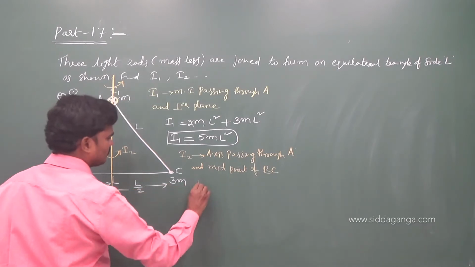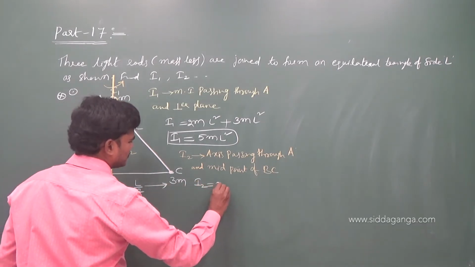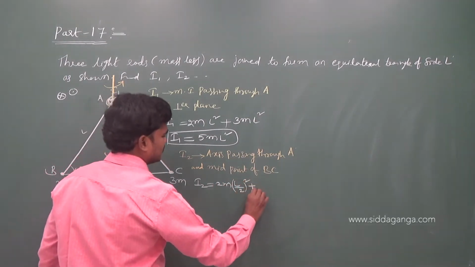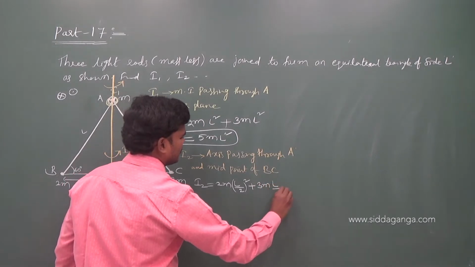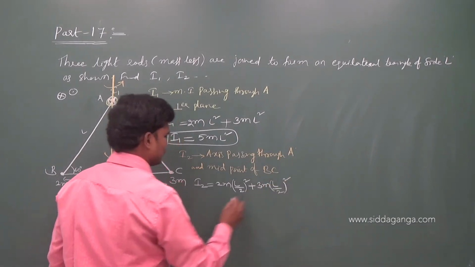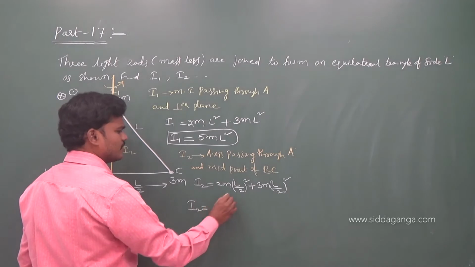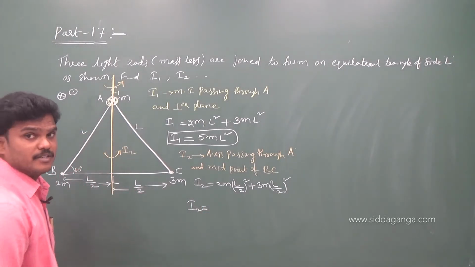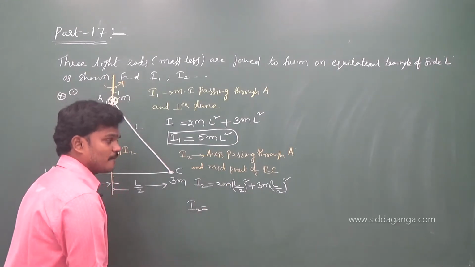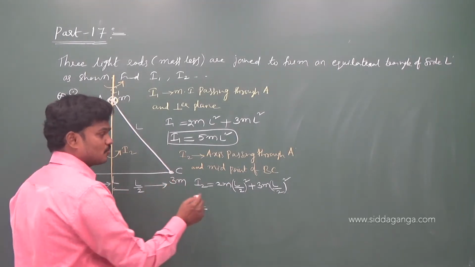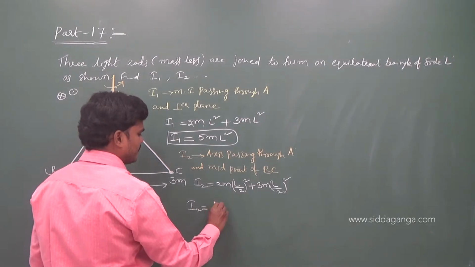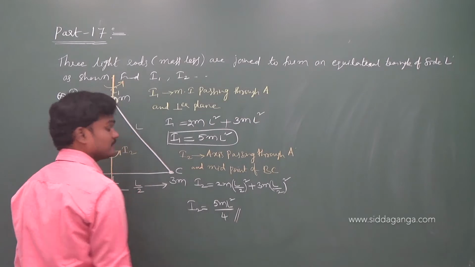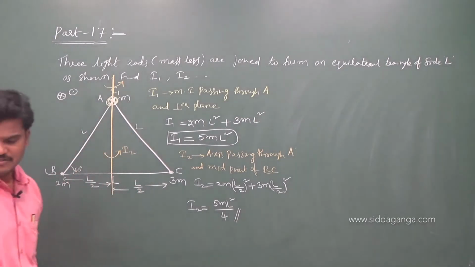Then what is I2? I2 is 2m (L by 2) square, plus 3m (L by 2) square, then 2m L square by 4, plus 3m L square by 4. 2 and 3, 5, so 5m L square by 4 is the answer. 5m L square by 4.